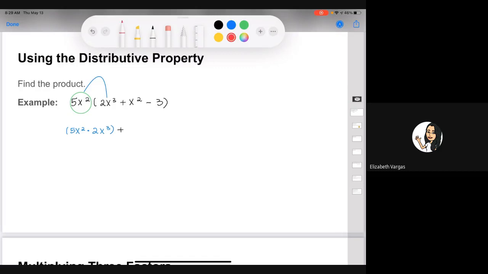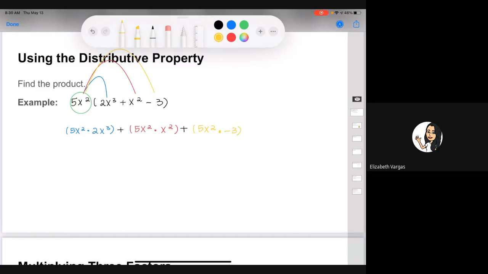Plus, now we're going to do the next distribution, 5x squared times x squared, plus, next distribution, 5x squared multiplied by, and we have here a minus 3, so a negative 3.